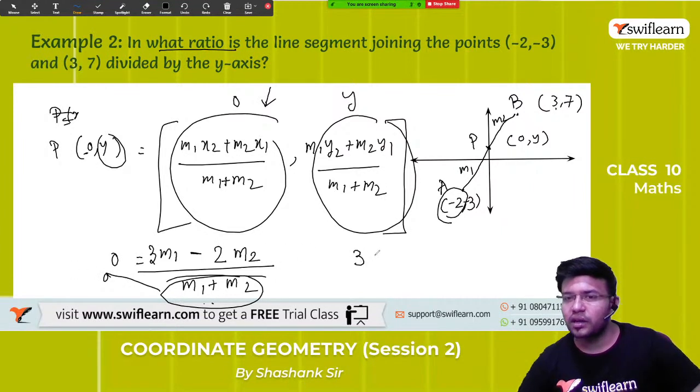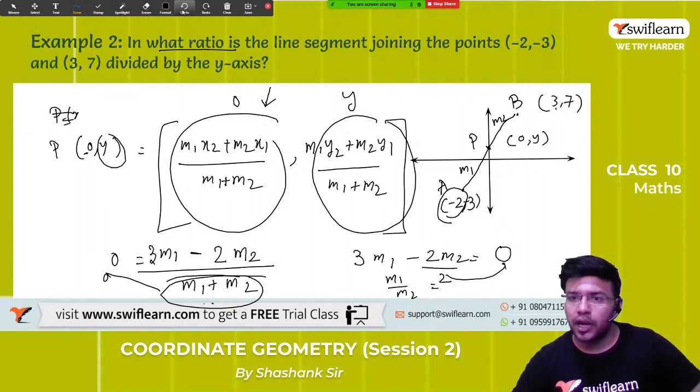So what we get? 3m1 minus 2m2 is equal to 0. Now take this on the right side. We get 3m1 is equal to 2m2. Now take m1 m2 on one side, so we will get m1 by m2 is equal to 2 by 3.